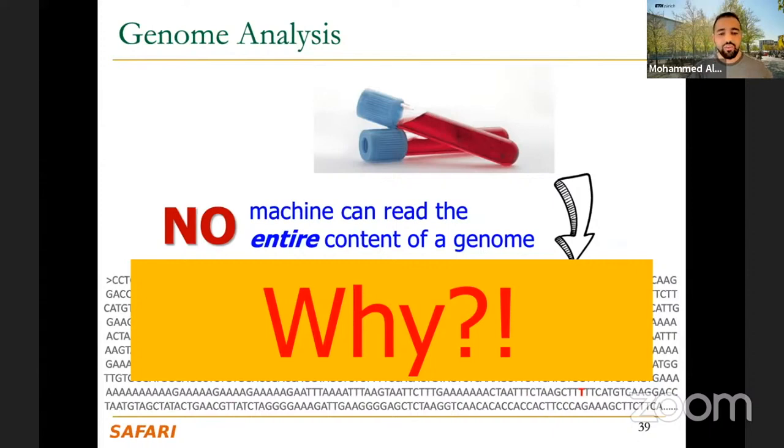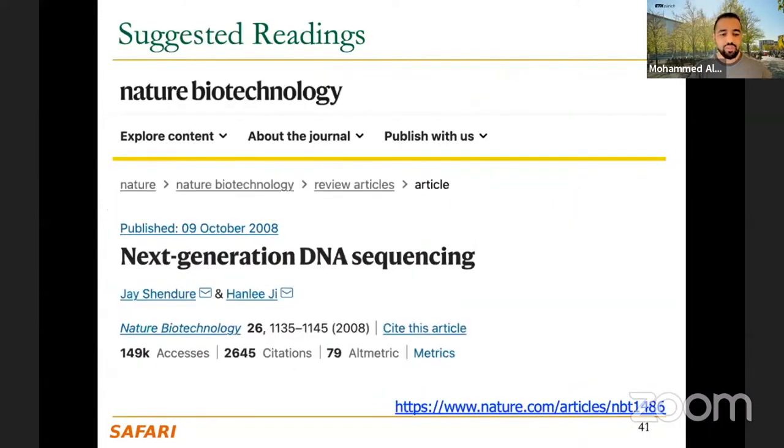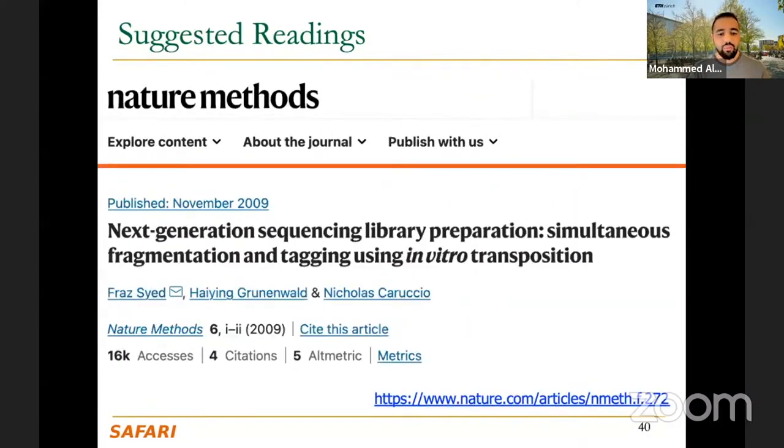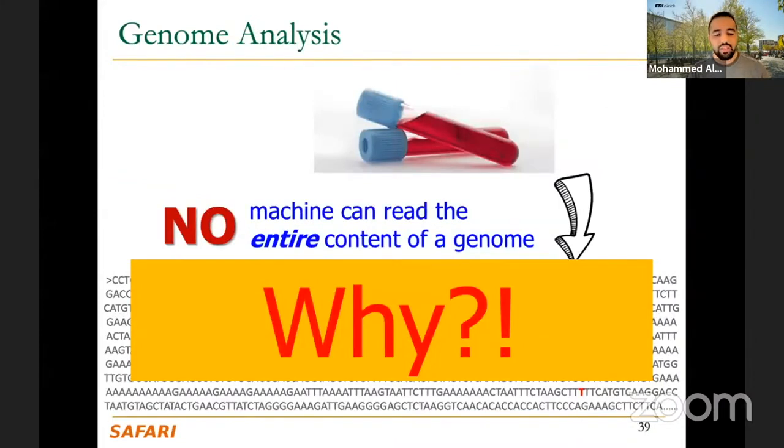Now, why is that needed? There are a lot of reasons discussed in these two papers, so I recommend you read them. But in short, the chemical materials they use in library preparation or during sequencing have a lifetime, and this lifetime can finish very quickly after reading a small number of your bases.